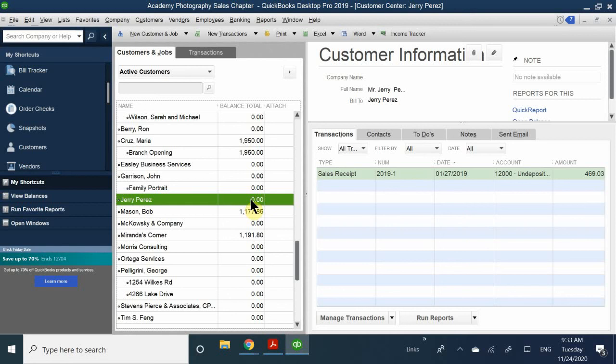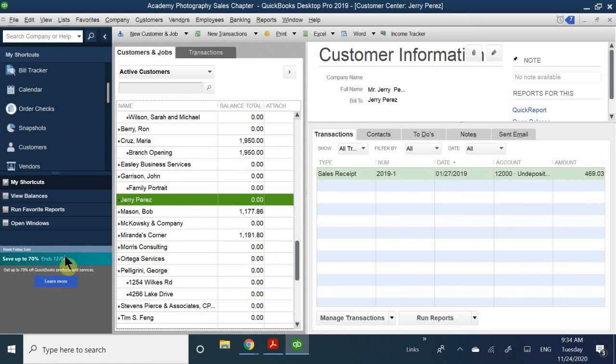He doesn't owe us anything. Okay? So all your cash people, if they don't, you can utilize both invoice and sales receipt. Maybe they'll pay right now because they have the cash, or maybe they'll say, I'm nowhere near you, just bill me. A customer can have both sales receipts and invoices.